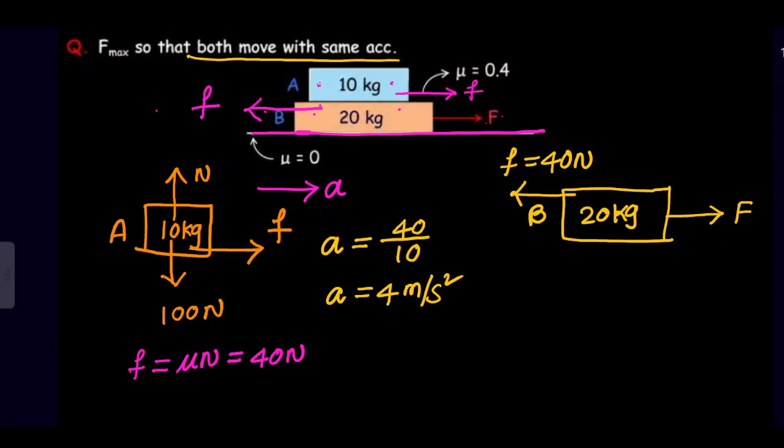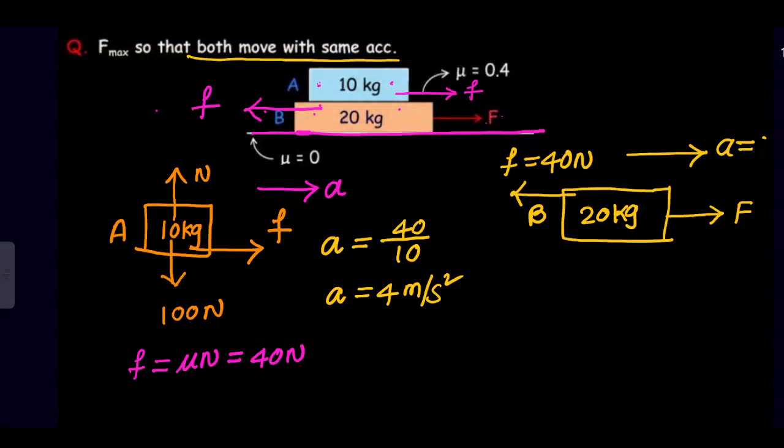We both will have the same acceleration. We calculated the acceleration of A. For both blocks to move together, both accelerations must be the same. Only then can we say both will move together. So the acceleration of this block must also be equal to 4.